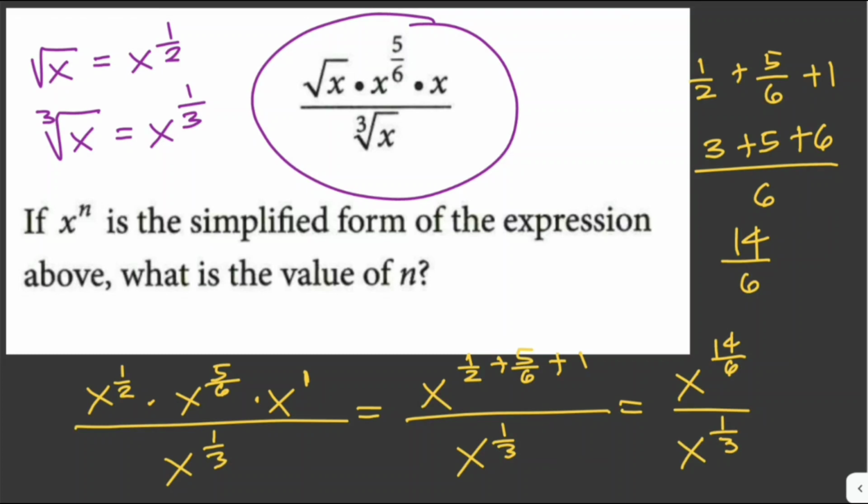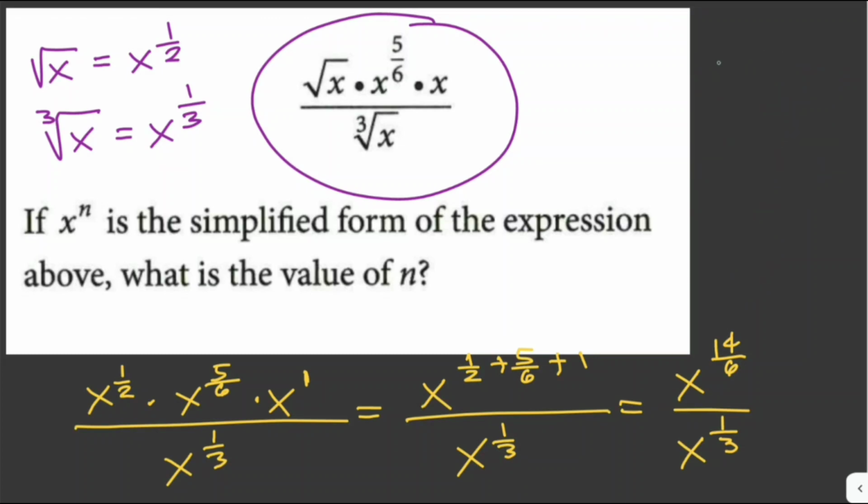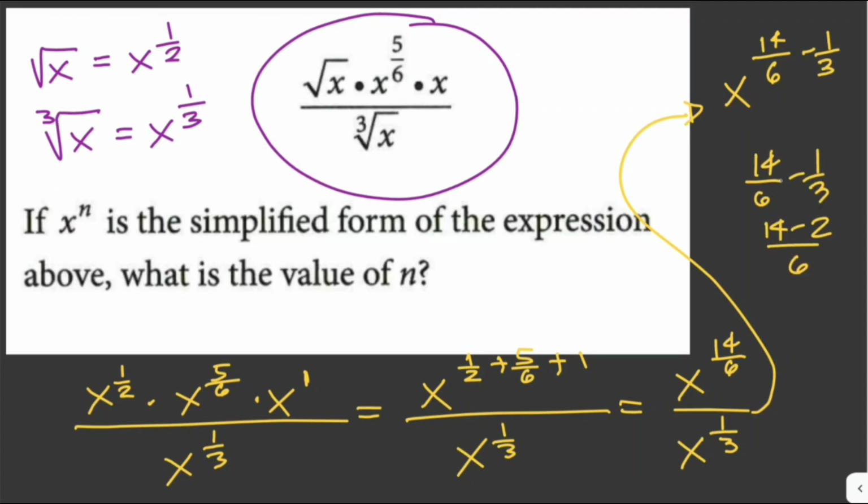And by using the division rule from the law of exponents, when dividing terms of the same base, we just have to subtract the exponents. So this would become x to the 14 over 6 minus 1/3. Okay, 14 over 6 minus 1/3 is just equal to 12 over 6.